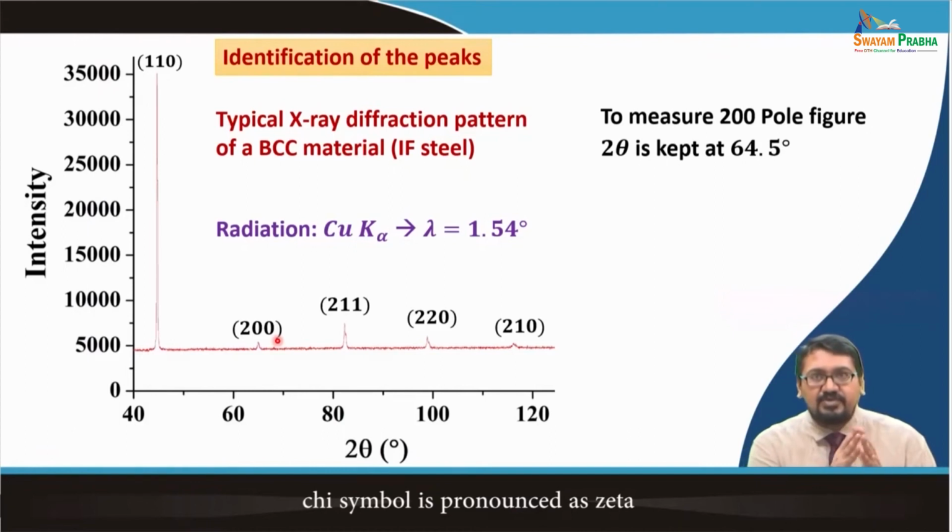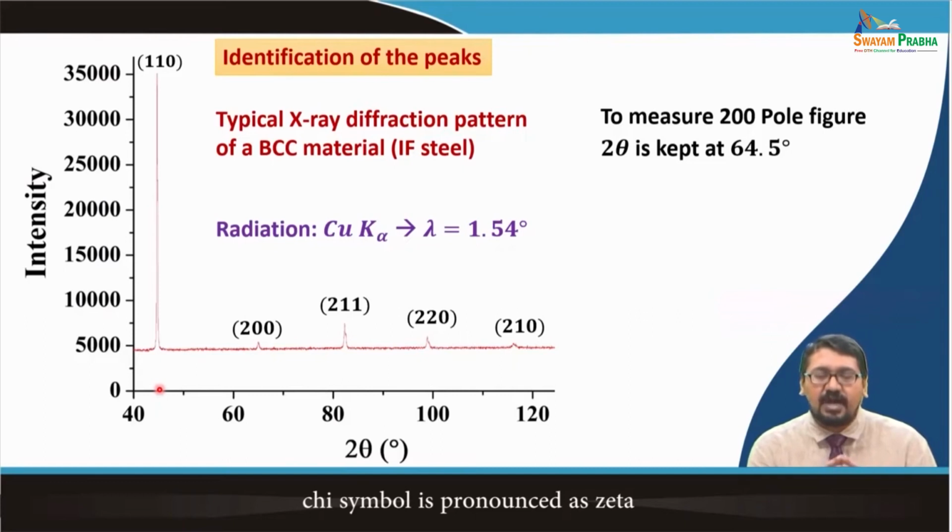So, when we do an X-ray texture measurement, we first take a particular peak, say the 110 peak, and we fix the theta for that particular peak, here around 42 or 44. Then we measure the whole sample for the particular pole figure, and I will show you how we measure the pole figure by alpha beta rotation, alpha which is along TD and beta which is along the ND of the sample.